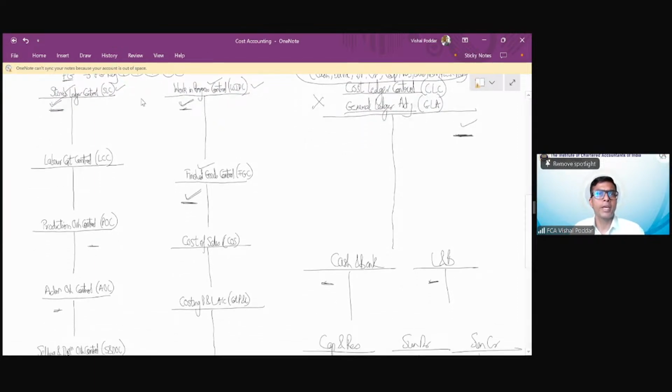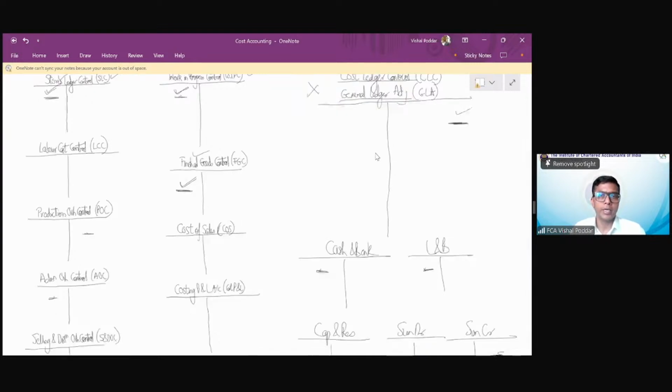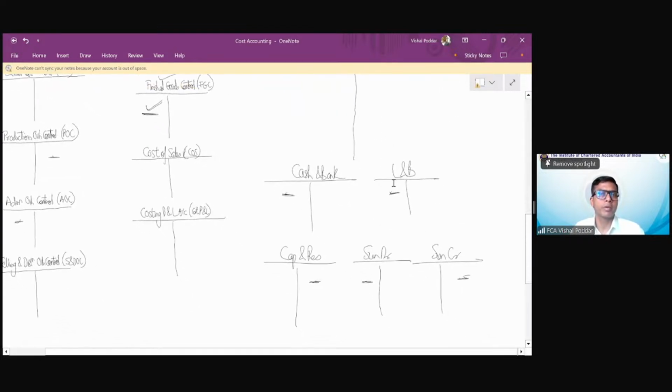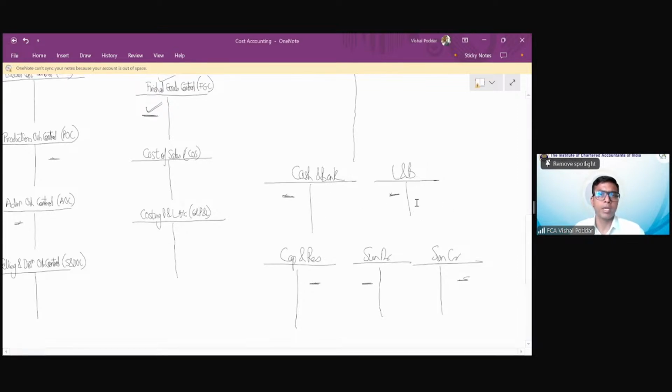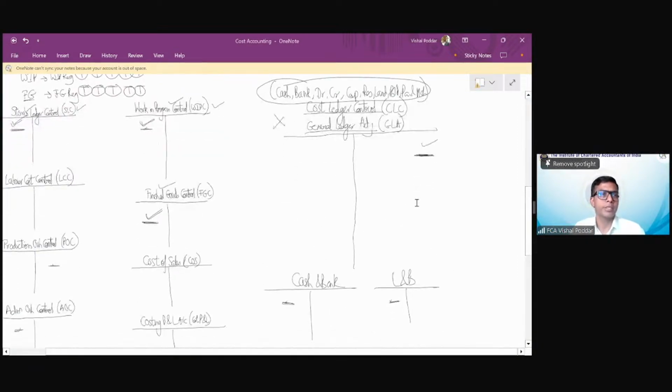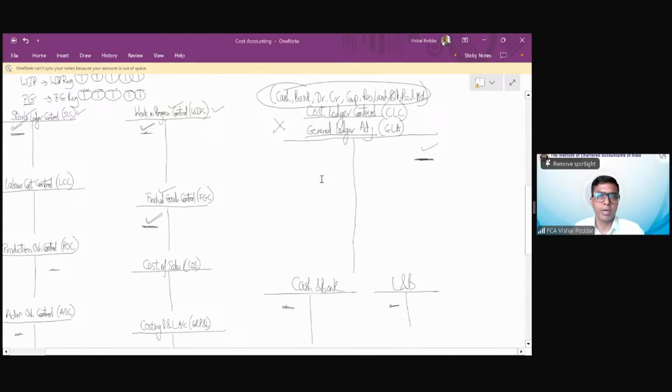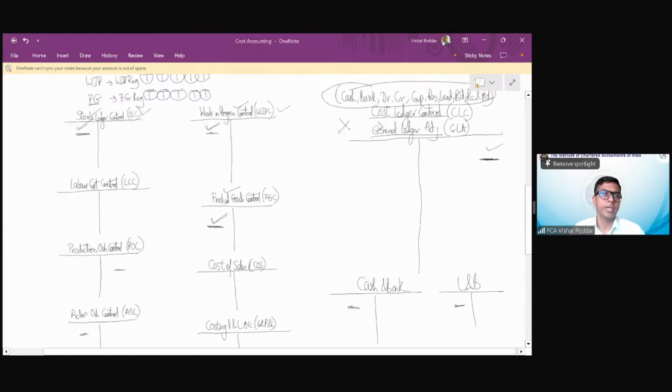And this is how you will identify whether the question is of integrated or non-integrated. So if it is integrated, you will be given opening balances of each of these assets and liabilities independently, separately. If it is a non-integrated sum, you will not be given balances of assets and liabilities separately. It would be combined under the name cost ledger control or general ledger adjustment.